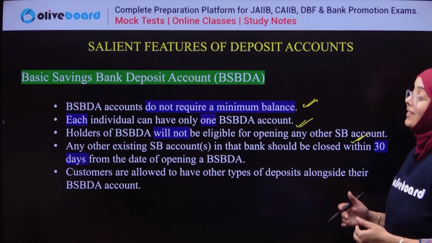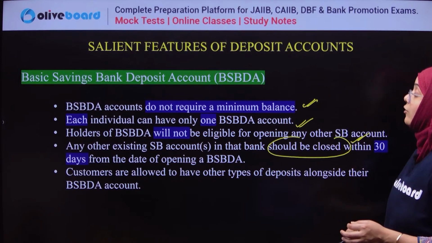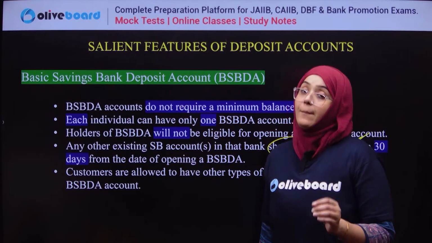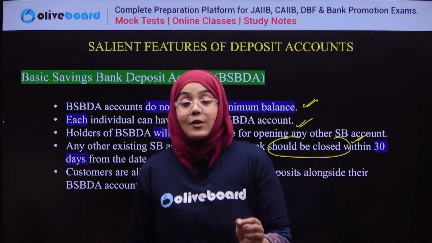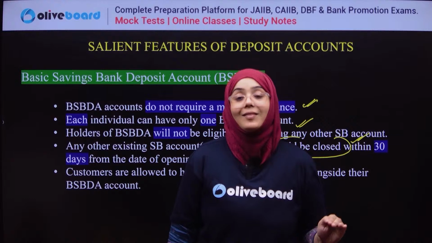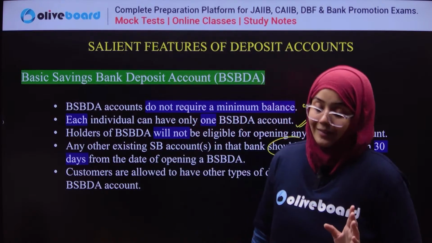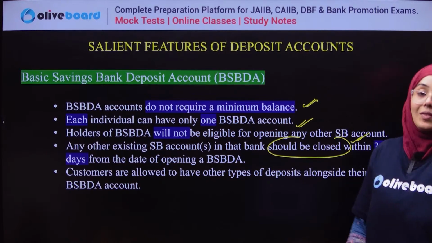Any other existing saving accounts in the bank should be closed within 30 days from the date of opening the basic account. A customer is allowed to have other types of deposit along with this account.